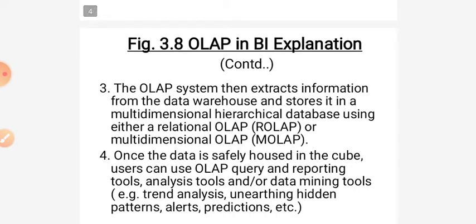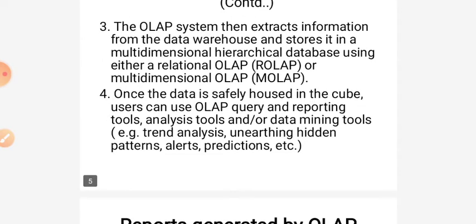Point number 3, the OLAP system then extracts information from the data warehouse and stores it in the multi-dimensional hierarchical database using either relational OLAP or multi-dimensional OLAP. Point number 4.